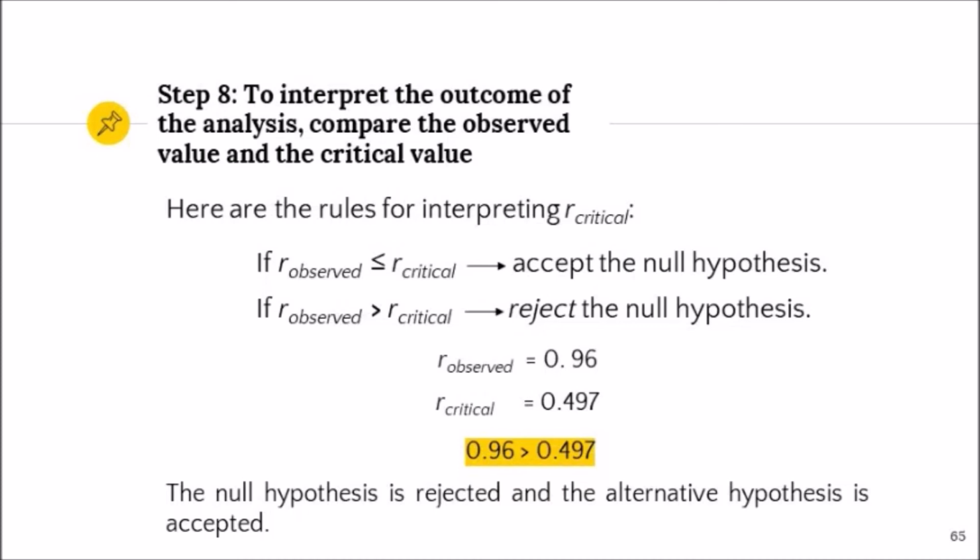R observed is equal to 0.96 and R critical is equal to 0.497. 0.96 is greater than 0.497. Therefore, it means that the observed value is greater than the critical value. Therefore, we will reject the null hypothesis and accept the alternative hypothesis.